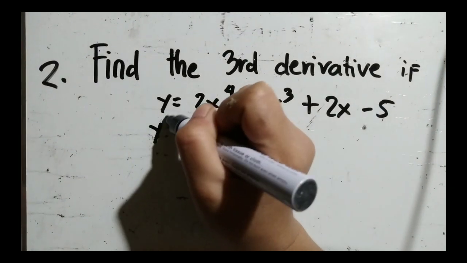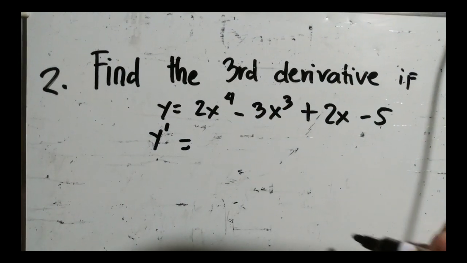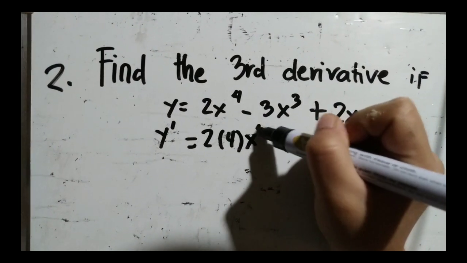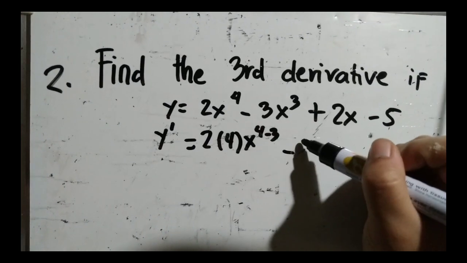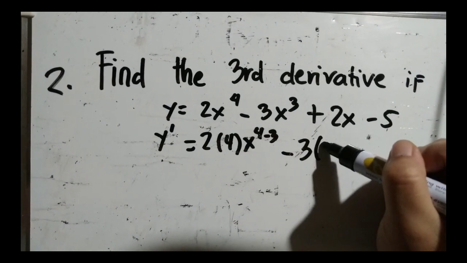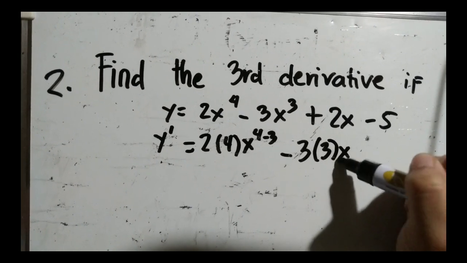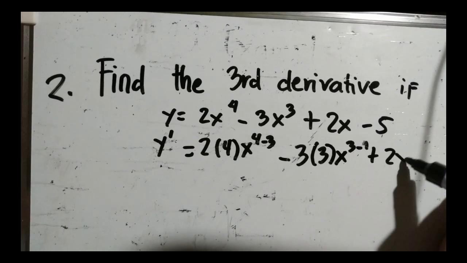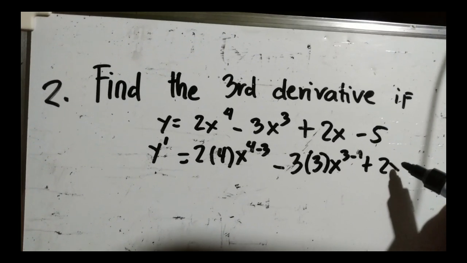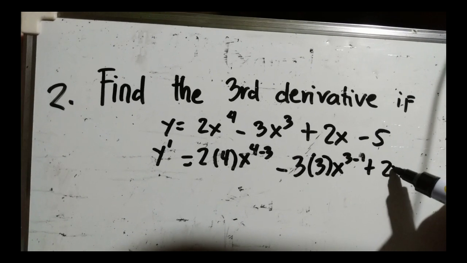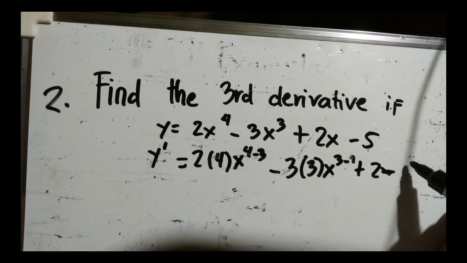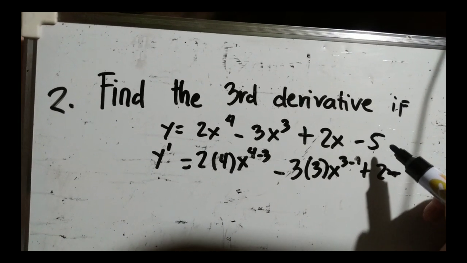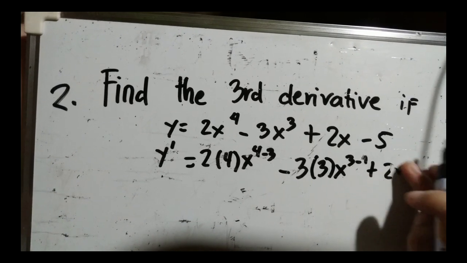The same process: 2 times 4x to the 4 minus 1, minus 3 times, bring down the exponent, 3x to the 3 minus 1, plus 2. The derivative of this constant would be 0, so no need to write it.